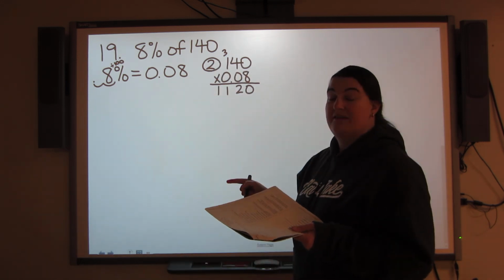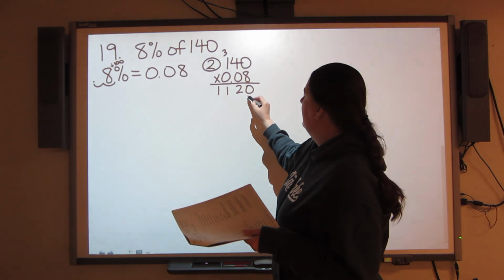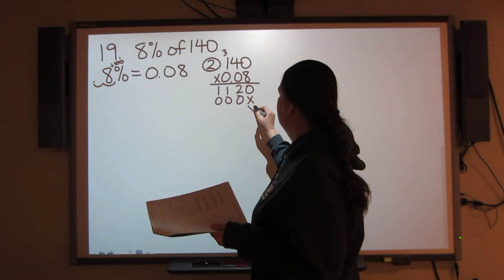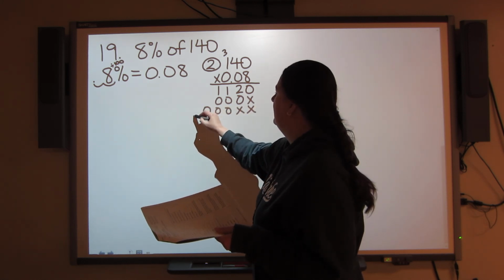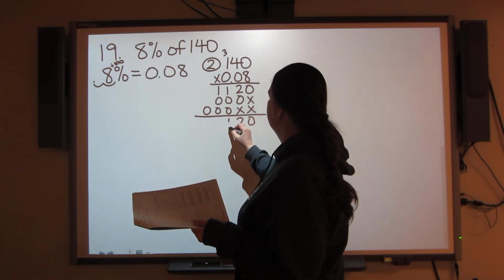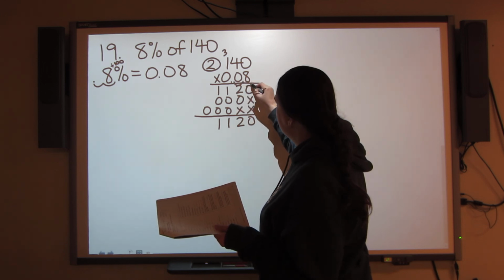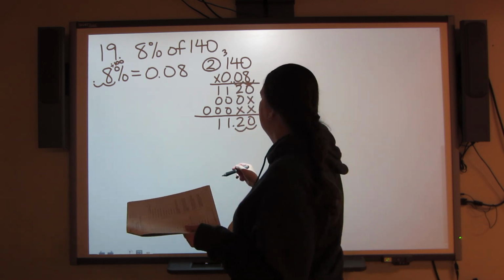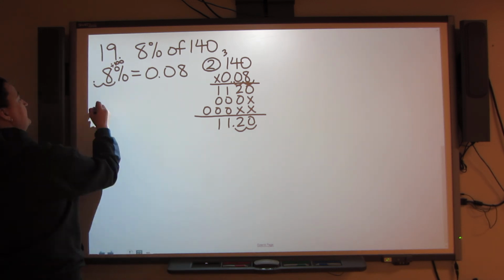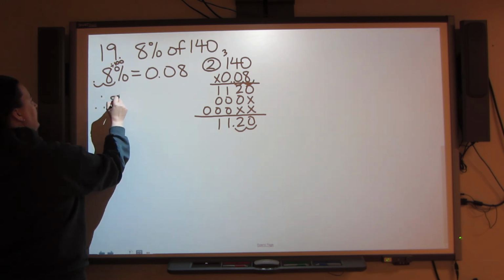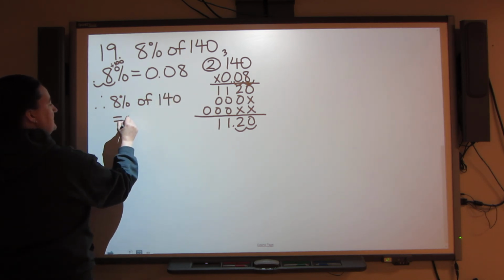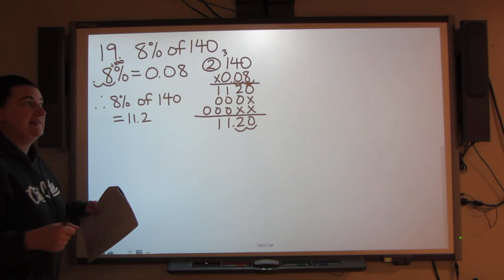There's nowhere to carry that other 1, so it stays in your answer line. Then I've got 2 zeros, so all my answers are going to be 0 because I've got zeros on the bottom. Then I add them up and add in my decimal spots, 2 spots. So 11.2, or 11 and 2/10. Therefore, 8% of 140 equals 11 and 2/10.